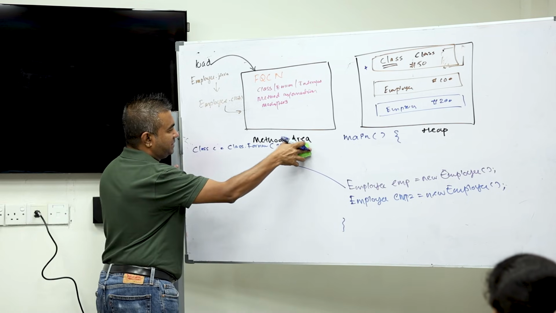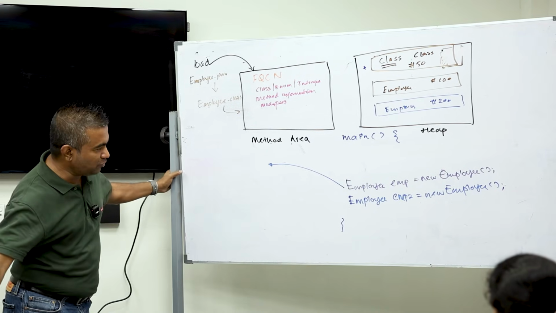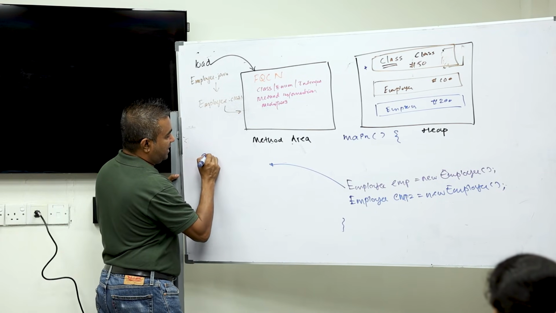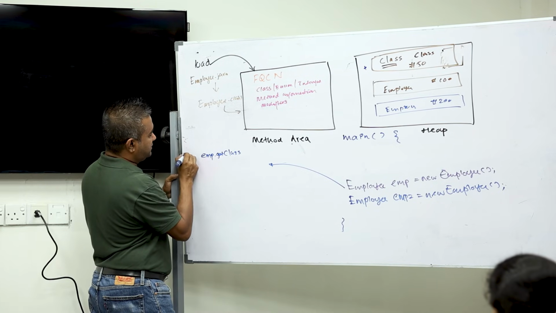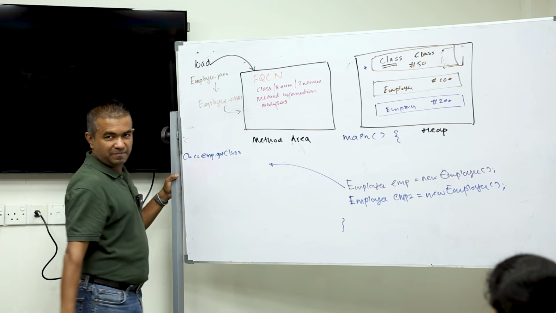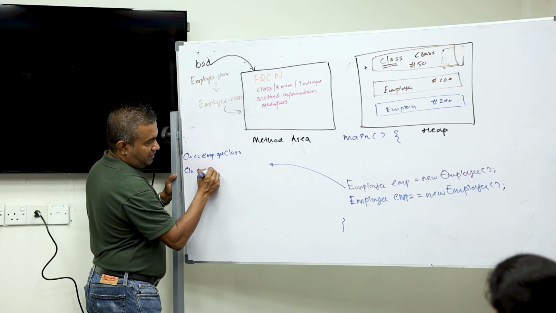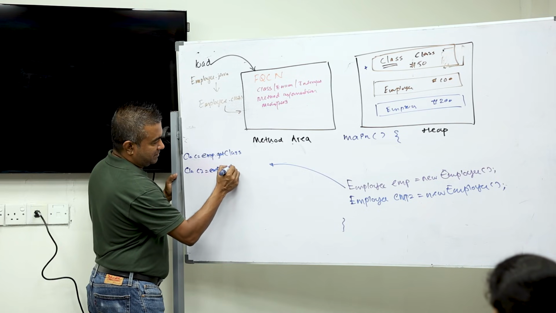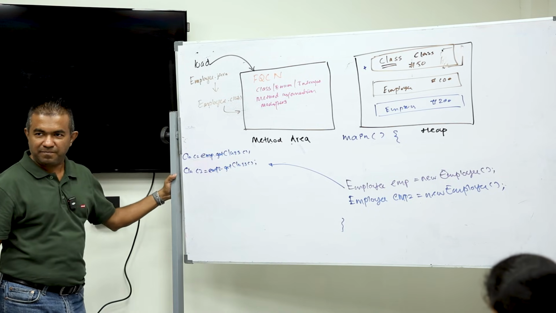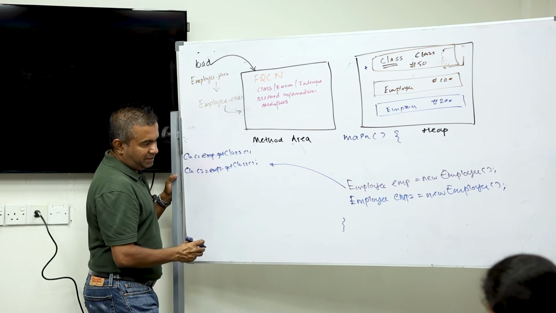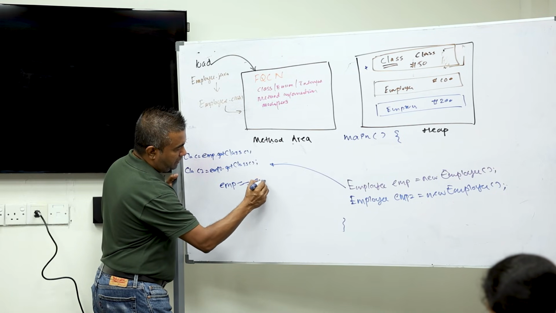Or you can do something else: emp.getClass(), and we assign it to the class type object C. Then for the class type object C2, we assign emp2.getClass(). And we write a statement here, emp equal emp2.